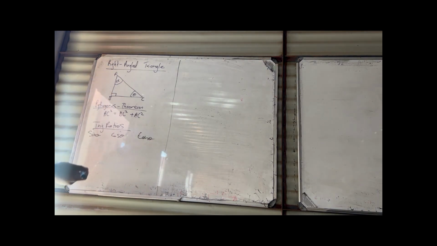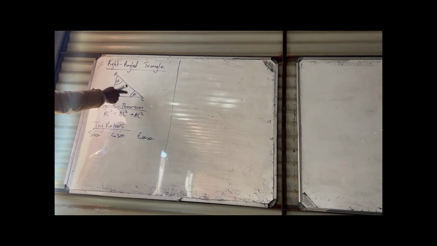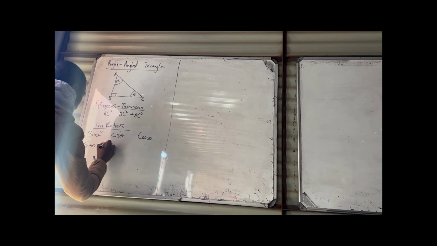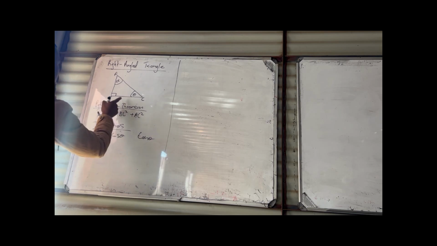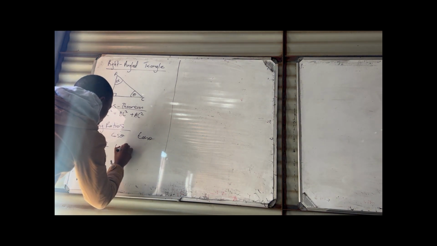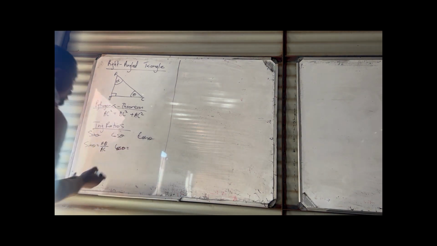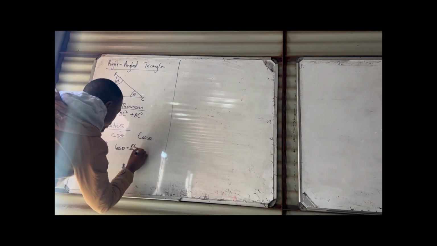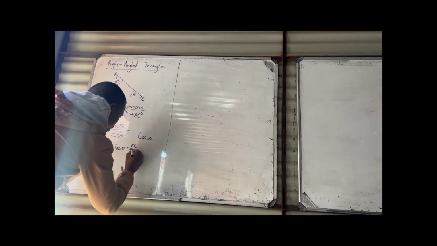Sin theta is opposite over hypotenuse, which is AB over AC, our hypotenuse here. Cos theta is adjacent over hypotenuse, BC over AC.